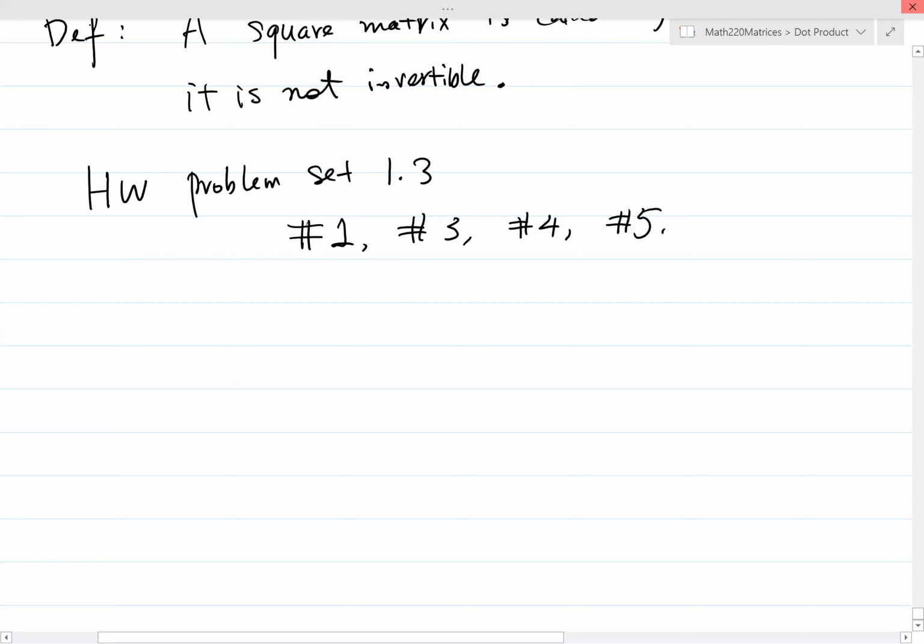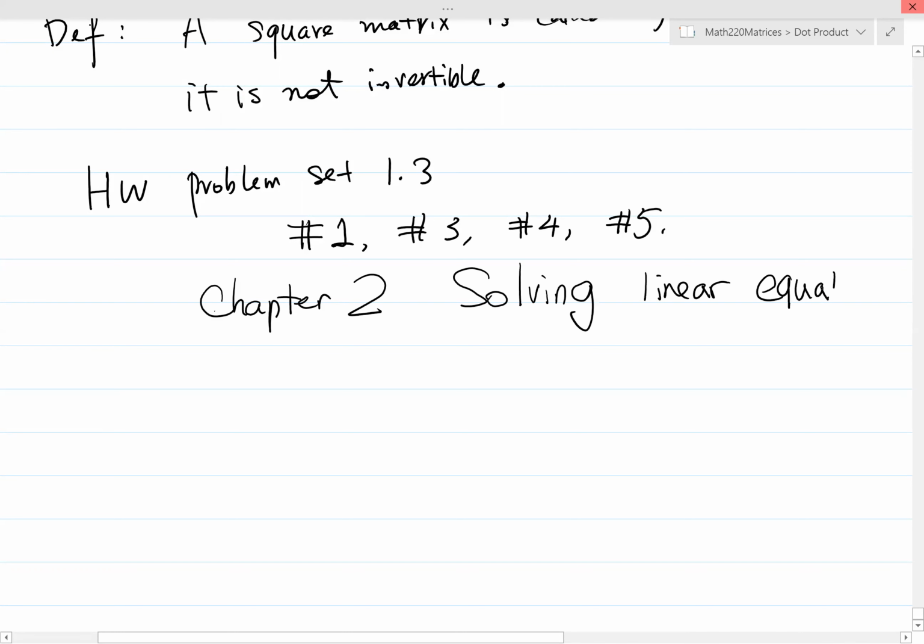Now let's go to the next chapter, Chapter 2, solving linear equations. Given a system of linear equations, we want to find its solutions.